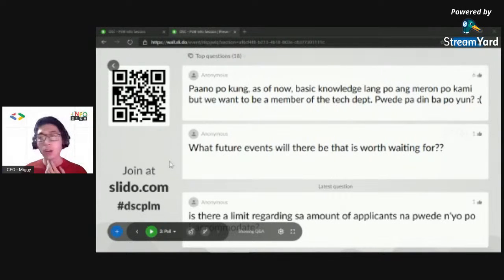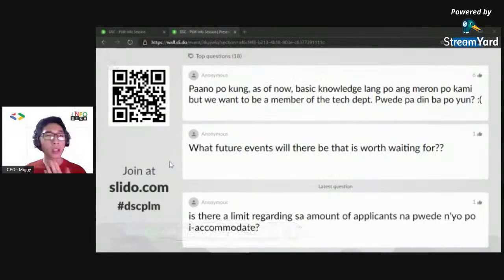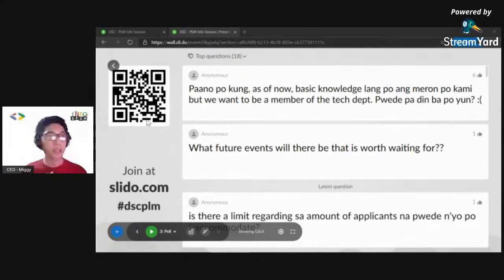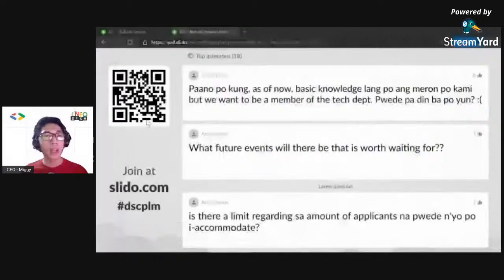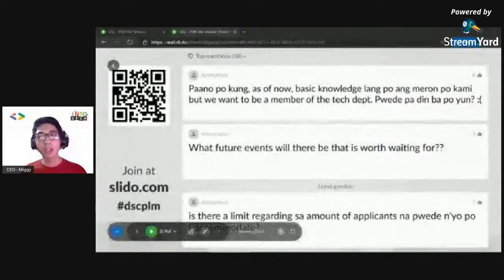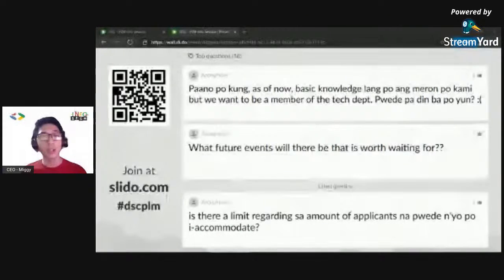Again, if you're not able to connect with our Slido, you could scan this QR code, or go to slido.com and enter the event code DSCPLM so that you could ask questions. However, again, if you really can't join Slido, please drop your questions now on the live comments that we have for today.